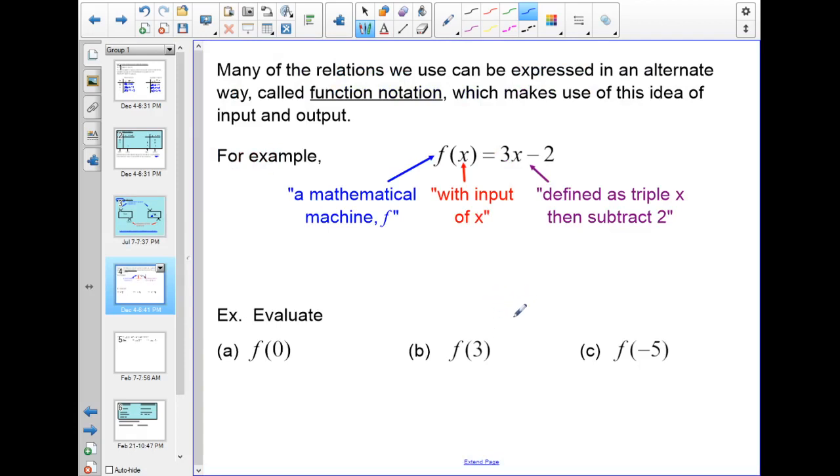To go along with this kind of conceptual difference, there's also a notation difference, and the notation difference is pretty minor. We started with an equation that looked like this: y equals 3x minus, not minus 3, pardon me, 3x minus 2. And as you can see, I haven't made a change to the stuff on the right. The stuff on the right is the set of rules that define the relation.